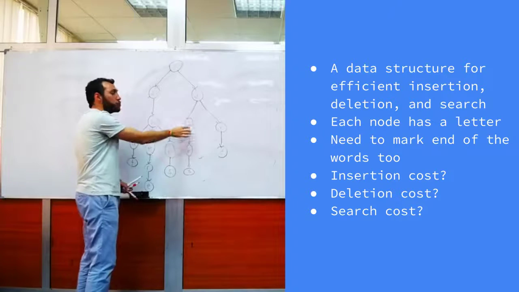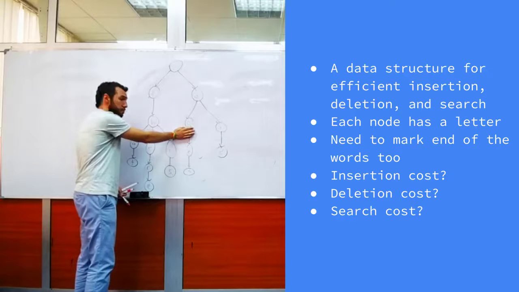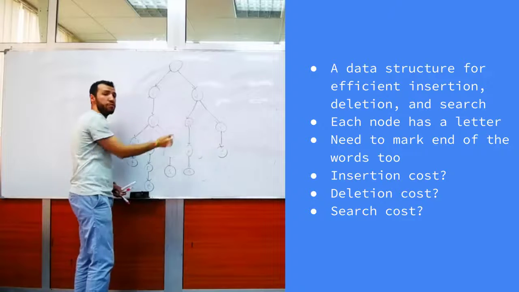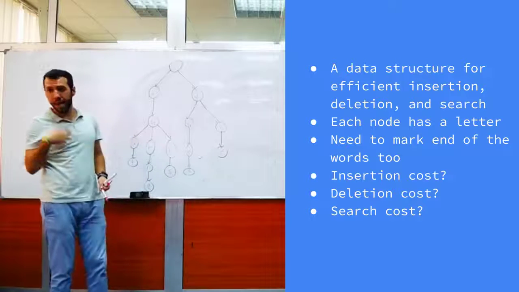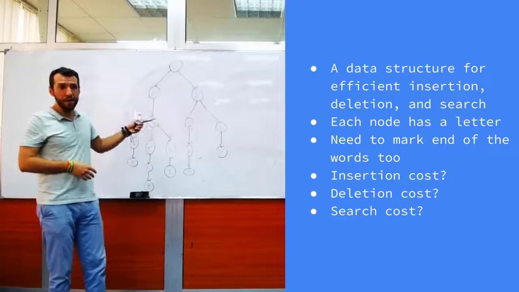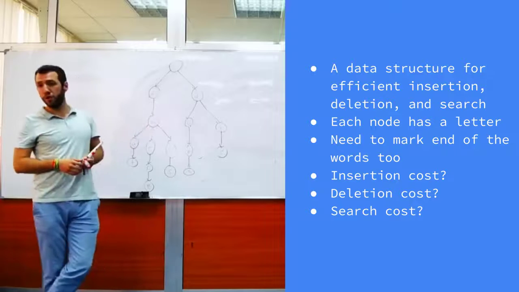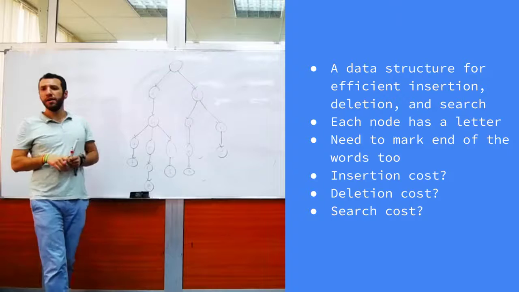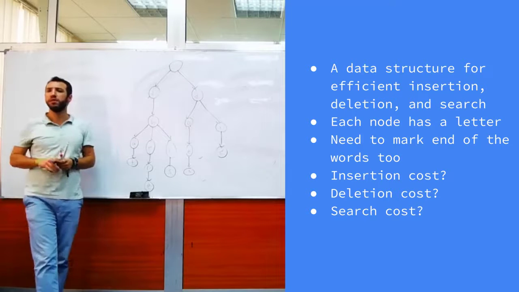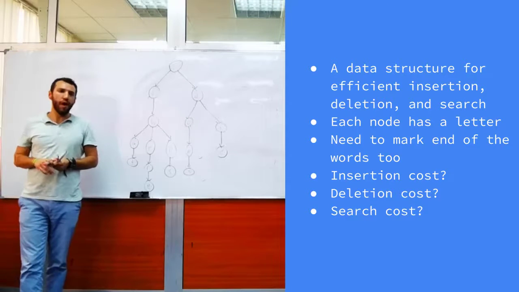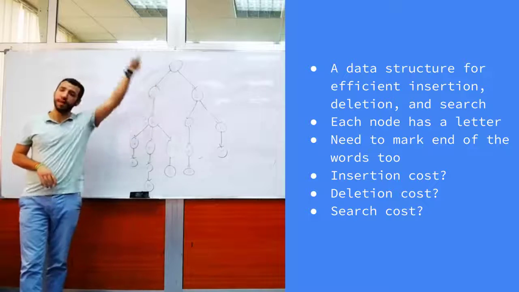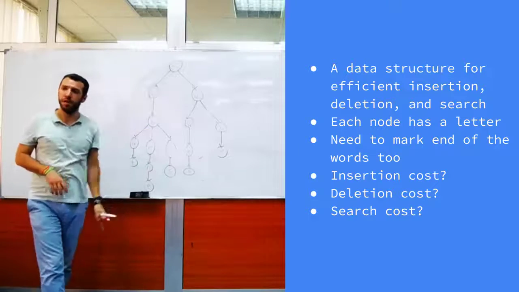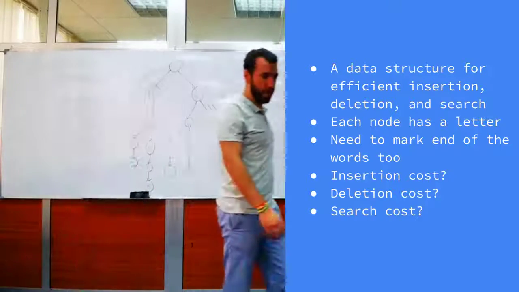In that case, O wouldn't have any other children, right? But still, I don't want to delete it because it's an end of a word. Even if it doesn't have any children, we should also check whether it is the end of a word or not. Is deletion clear with everybody? And how about the cost of deletion? It's also O(L), right? I go down and in the worst case, I'm going to come back up and delete everything. And it's going to be 2L, which is O(L).